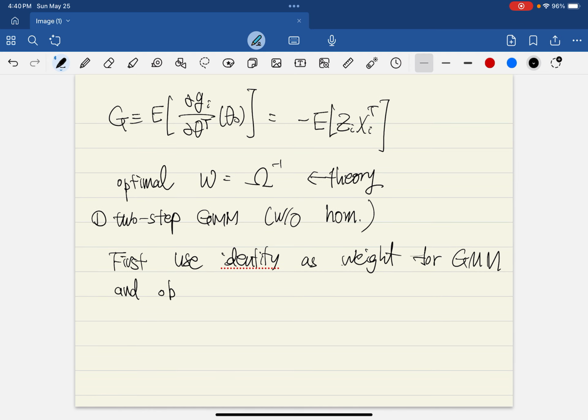and obtain a preliminary estimator theta tilde, which is consistent, right? It is consistent, but it is not optimal. Its variance may be bigger than the optimal.